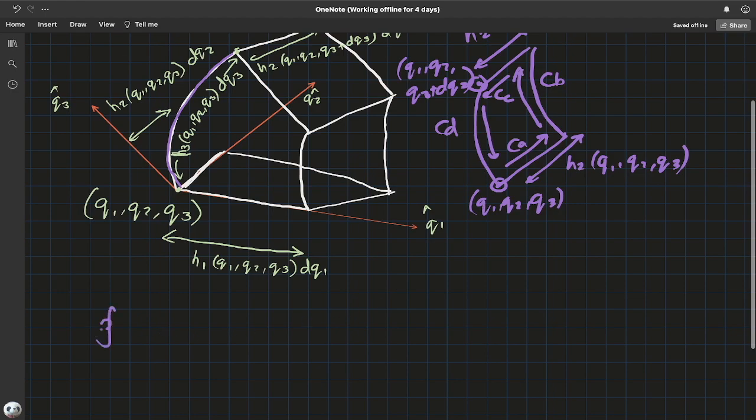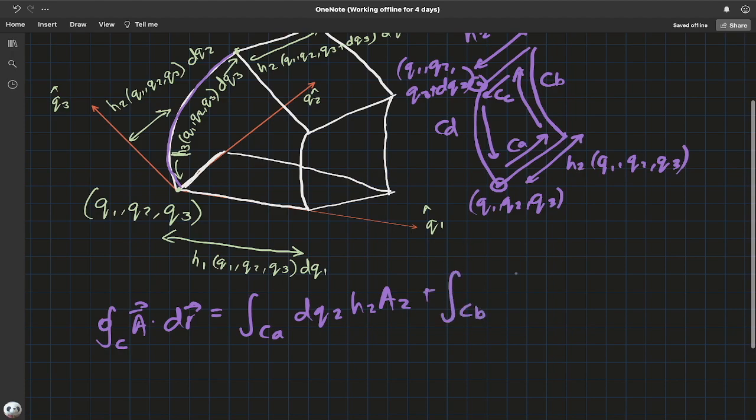So we have closed loop integral A dot dr is just equal to, say, CA dq2 h2 A2, because we are in the q2 hat direction, so the dot product will just give components with the subscript 2. CB, we're in the q3 hat direction, so all the subscript 3 components.